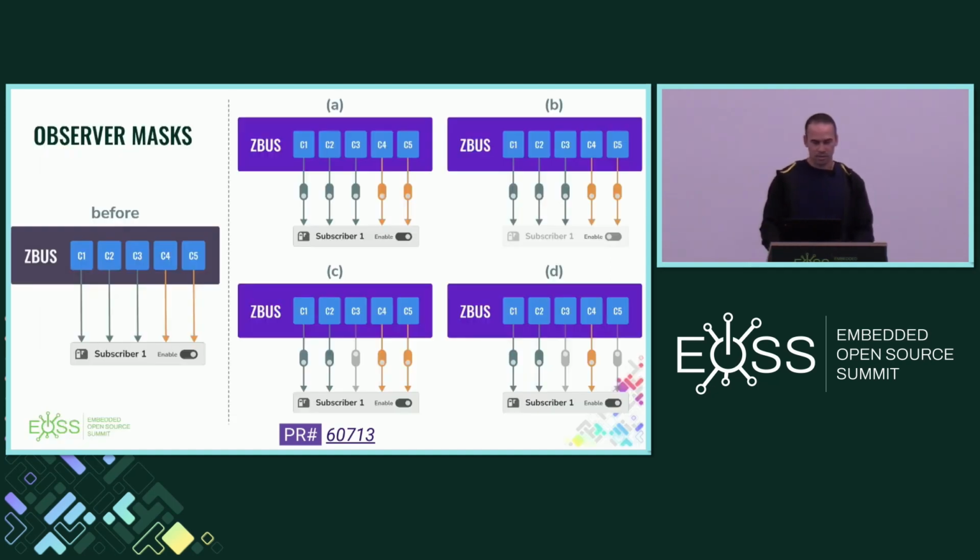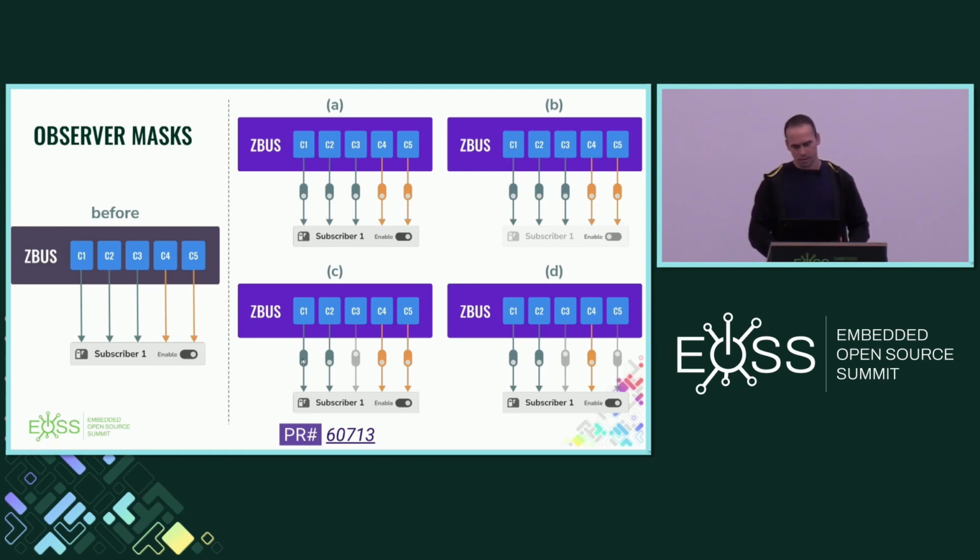And another benefit of it is that before we just had the enablement on the observer, right? And now we can disable observations individually. So you can even disable the subscriber as a whole, or you can disable just one observation.